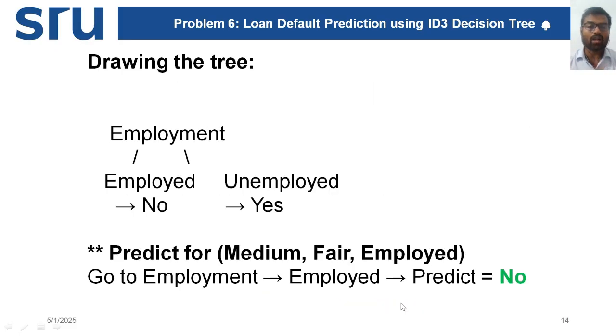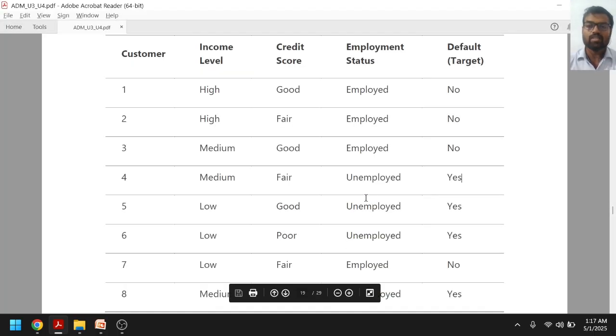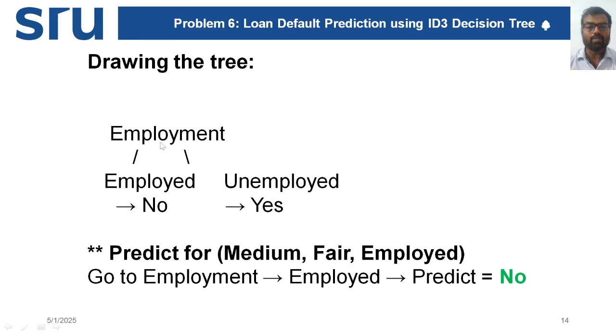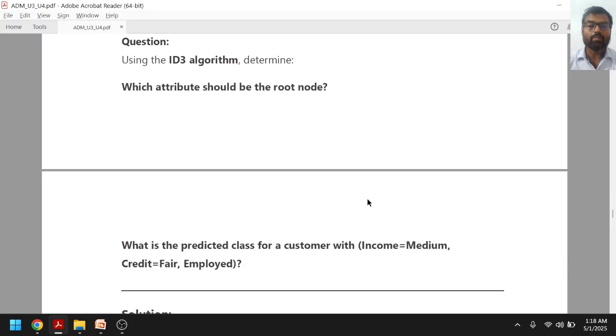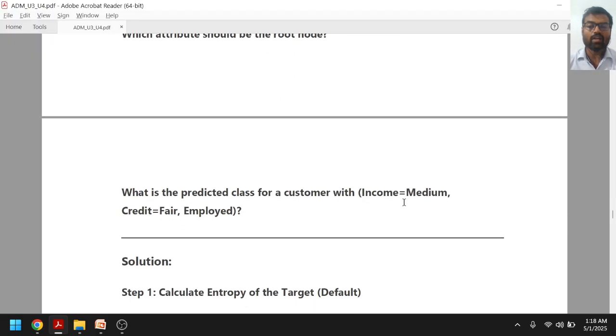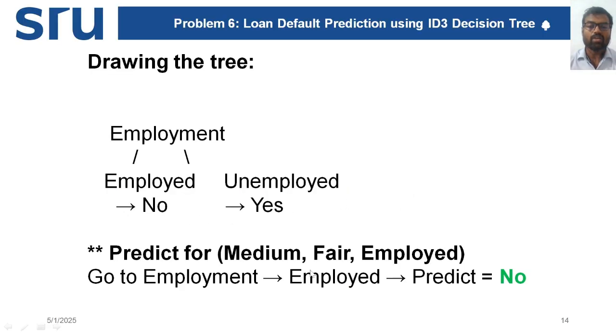Okay, then we have to draw the tree. If employment equals employed, obviously we see employed is all no, no, no. Unemployed is all yes, yes, yes, right? Then we simply draw the tree. So what is our question? Just get back into it. For income medium, credit fair, employed.